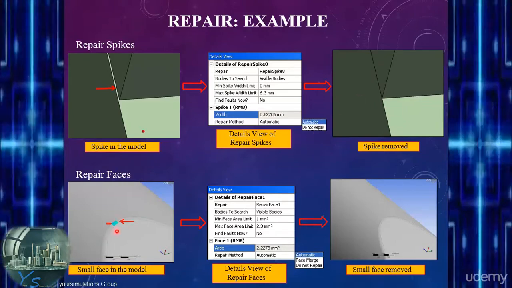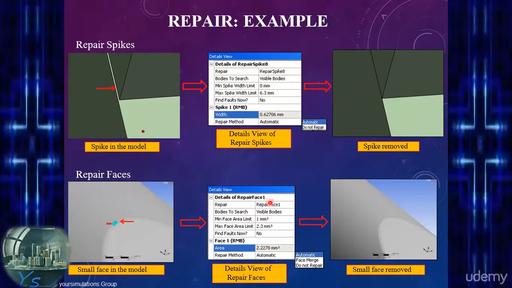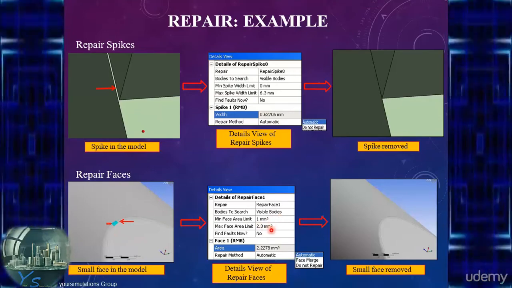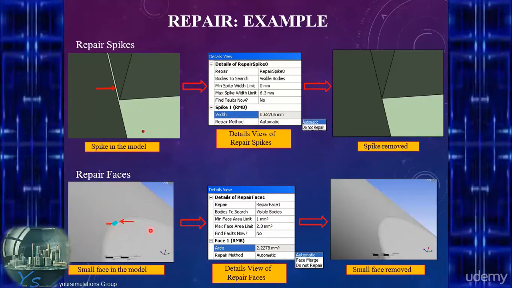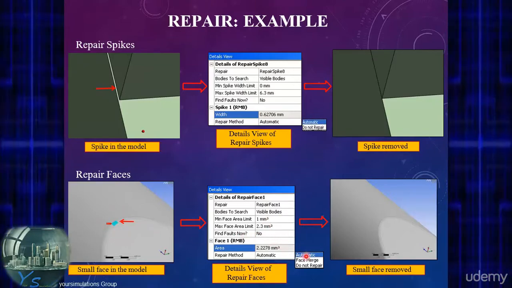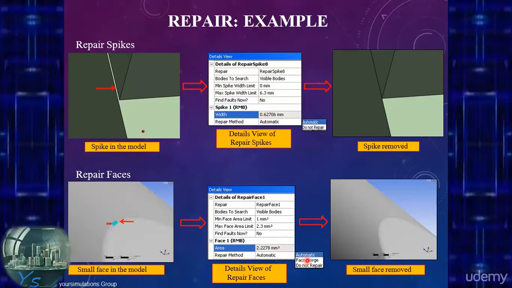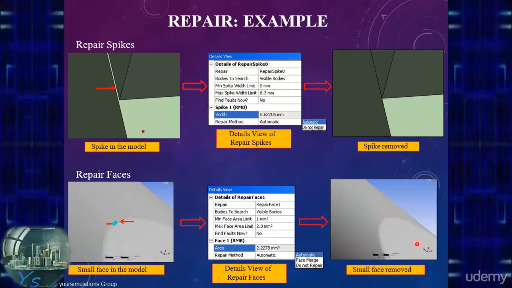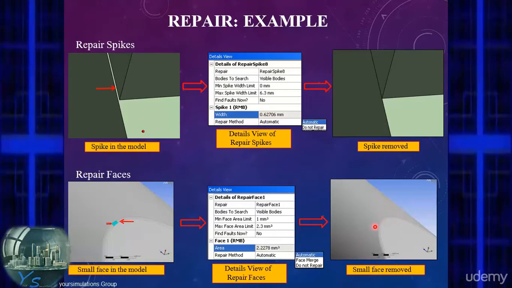Now we can also repair small faces, so we can look through the model, look for very small faces, again with min and max limits for the face areas, and if we identify small faces that have a face area within those limits, we can then attempt to repair that, or perform face merge, or don't repair, in order to remove that geometry from the model.